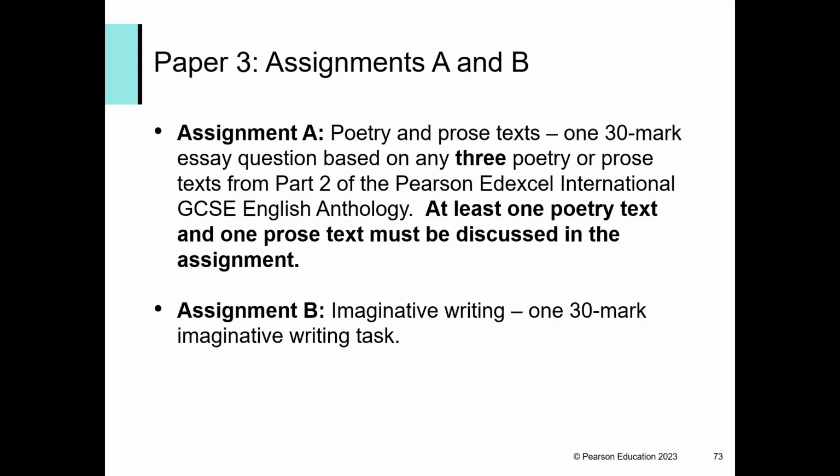So this, again, there's an amendment here. It's 130 mark essay question based on 3 poetry or prose texts from part 2. 1 has to be poetry, 1 has to be prose, and then the candidate can choose the 3rd one. Previously, those any of you already doing the spec, it was 2 and a commentary, but that has changed.